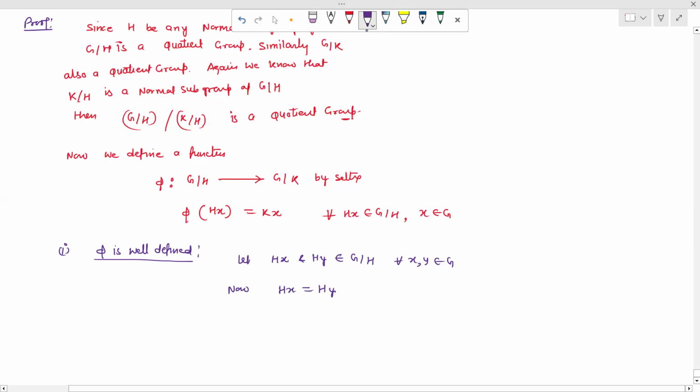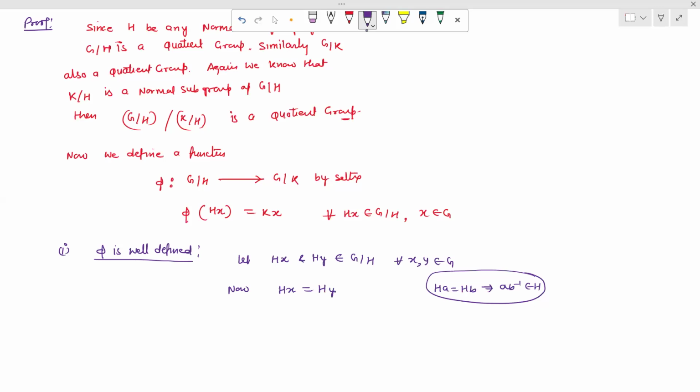So when Ha is equal to Hb, this implies that ab inverse belongs to H by the definition of a coset.